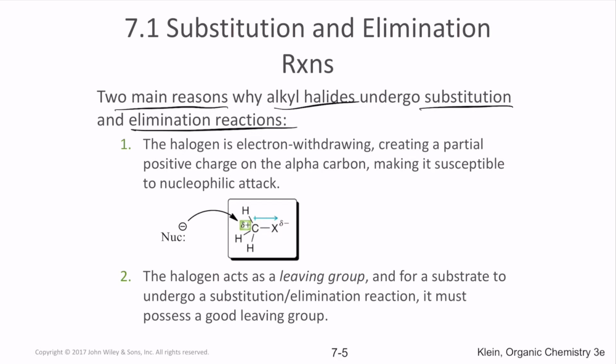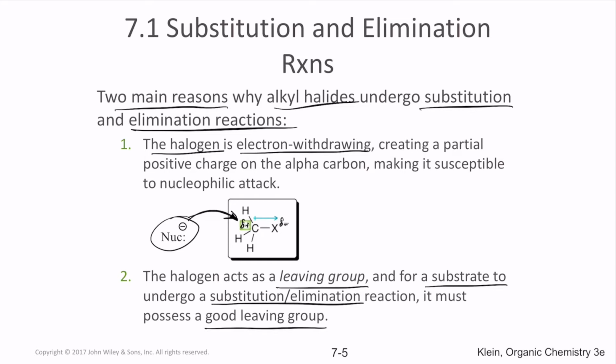Number one, the halogen is an electron withdrawing group, and because of that, it creates a partial negative charge on the halogen and a partial positive charge on the carbon, leading the nucleophile to attack the positively charged carbon. And because the halogen has higher electronegativity than carbon, it acts as a leaving group. This is the main important point.